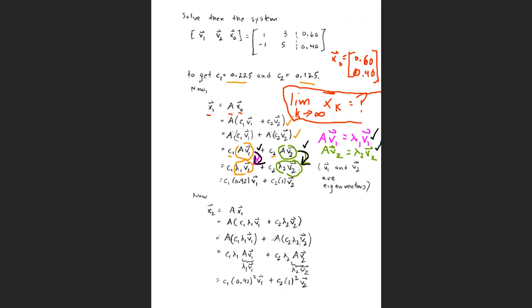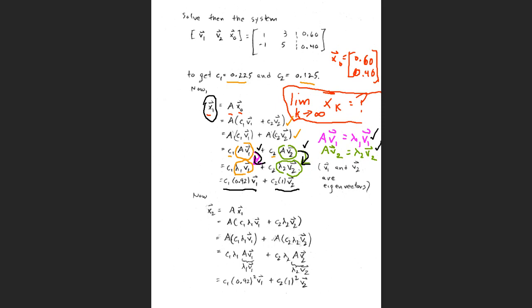And so the vector x1, which is going to actually be the population distribution of that migration matrix after 1 year, can be written as C1 times 0.92 times V1 plus C2 times 1 times V2. Now, what about x2?